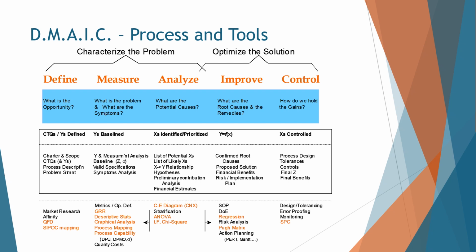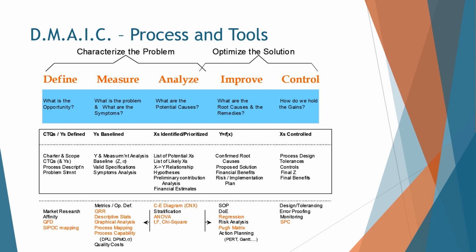And then for the analyze, you have the cause and effect diagram, stratification, ANOVA, T, F, and chi-square statistical analysis, which you learn about in the black belt courses. When it comes to the improve, you have your standard operating procedures, your design of experiments, regression, risk analysis, Pugh matrix, action planning. Lastly, for control, you have design, tolerancing, error proofing, monitoring, and SPC.